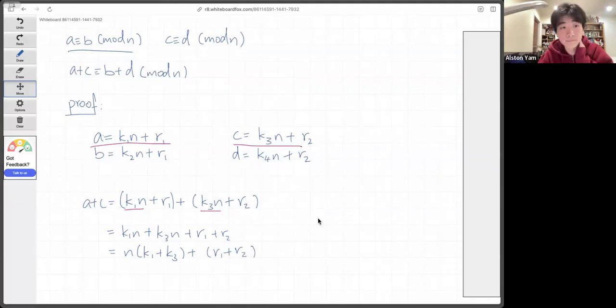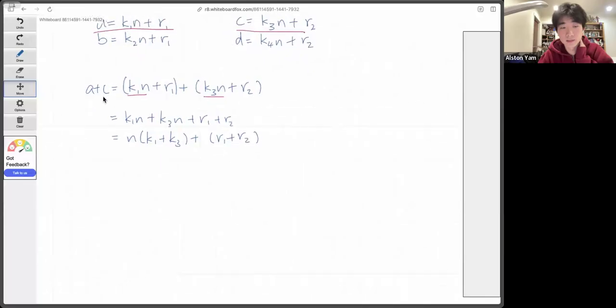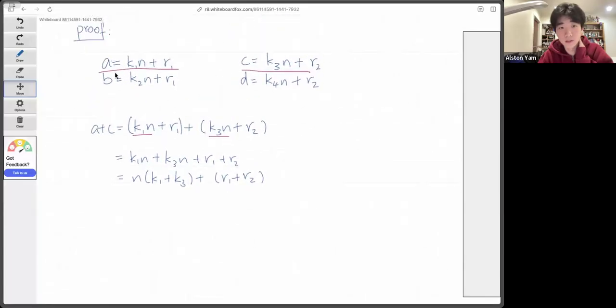Okay. So A plus C, we have written it in this form, and after we added it, we have converted it into essentially a multiple of n, plus its remainder.